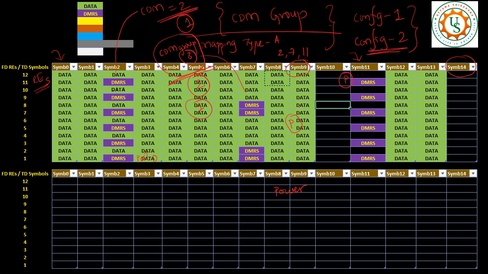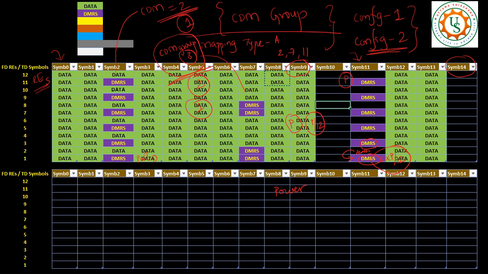So the power which would be allocated to the vacant REs can now be given to this DMRS. So 12 is there, and for each of them, you are equally dividing P by 12. Now, since only 6 are occupied, this DMRS will take 2 times P by 12. So two times the power is more for this DMRS.